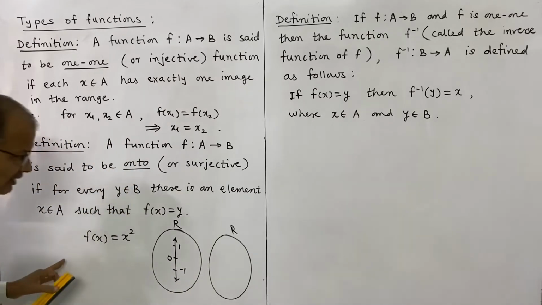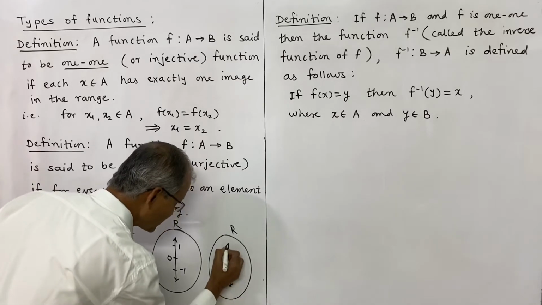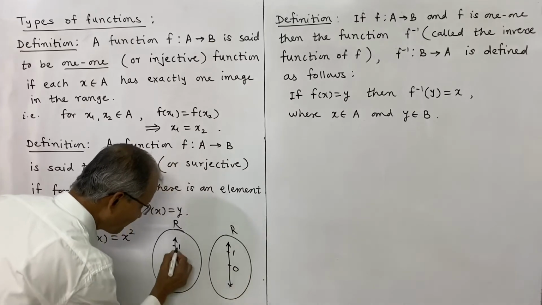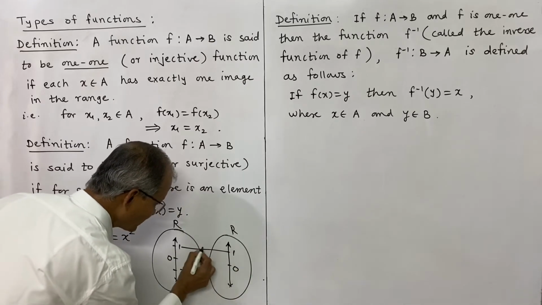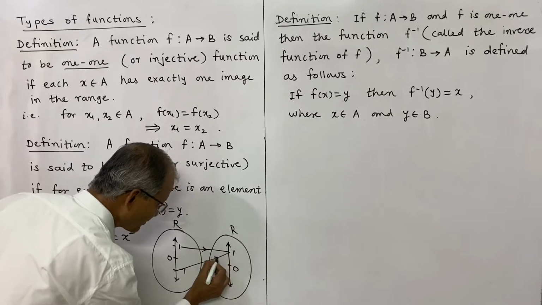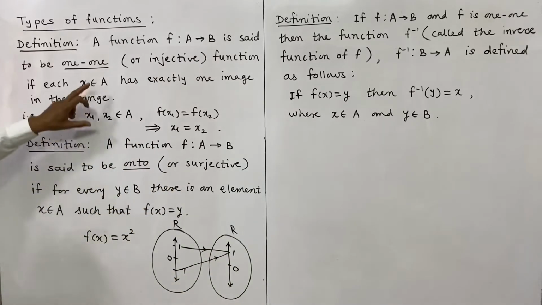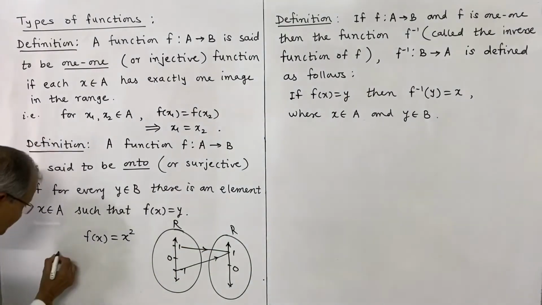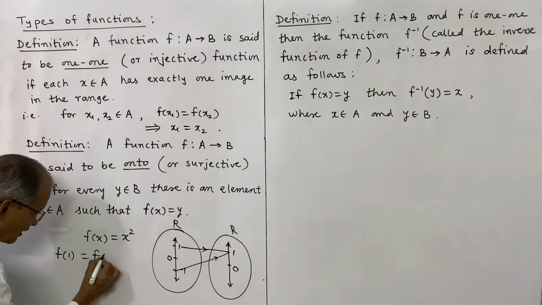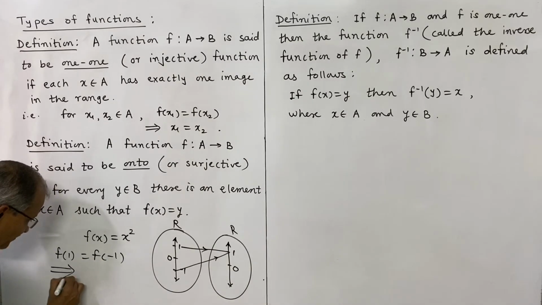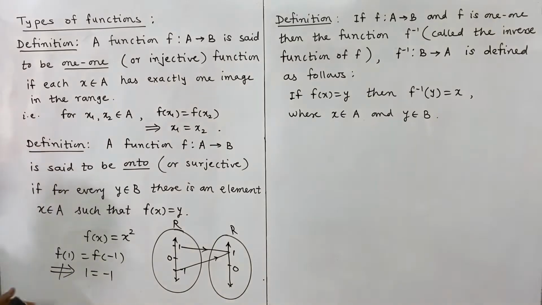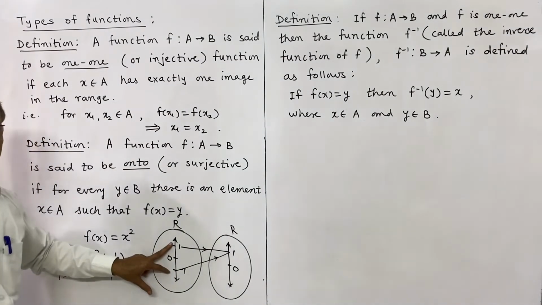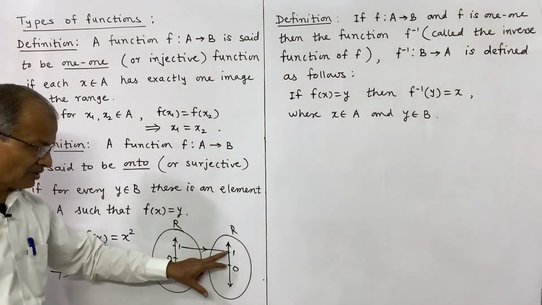The image of minus 1 we have seen is 1, and the image of 1 is also 1. So 1 is related to 1 and minus 1 is also related to 1. So this function is not 1-1 because we have f of 1 equal to f of minus 1, but this does not imply 1 is equal to minus 1. So this is not a one-to-one function because these two elements have the same image, that is 1.